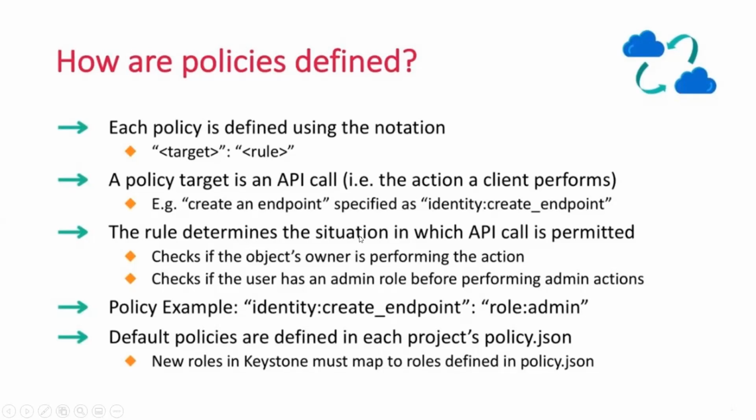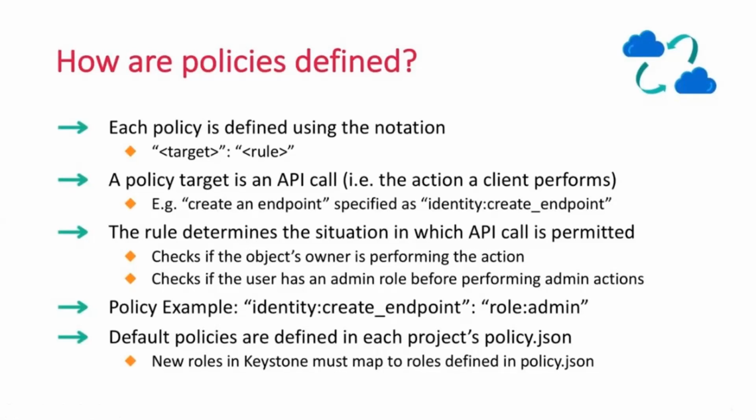The rule determines the situation in which the API call is permitted. Again, the rule is where the validation checks if the object's owner is performing the action. Owner means if you have the access, then it allows you. The owner can also mean admin, who is like the super user and can do everything.